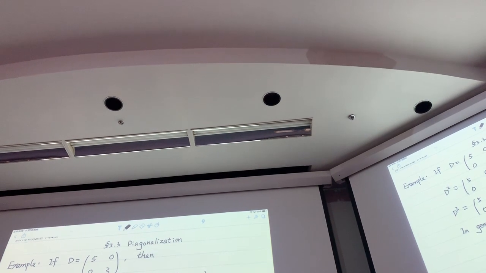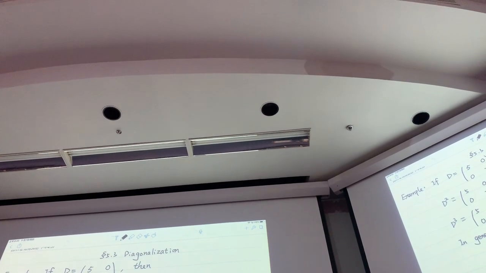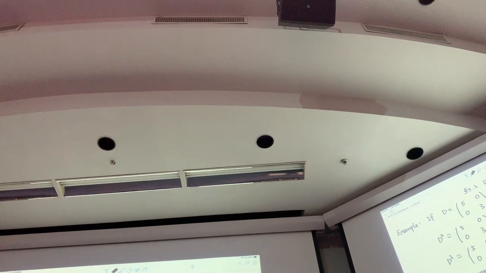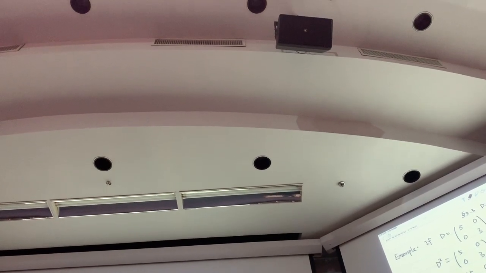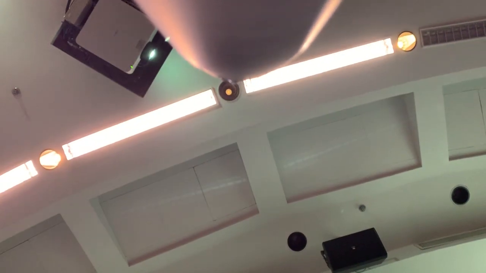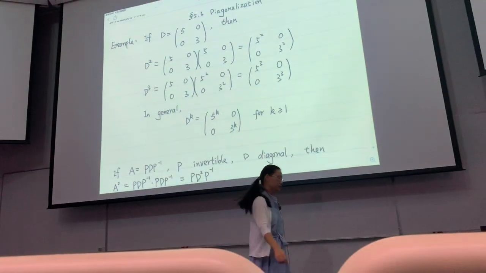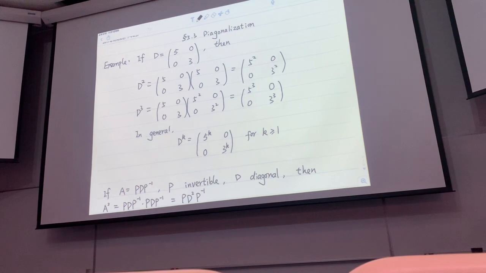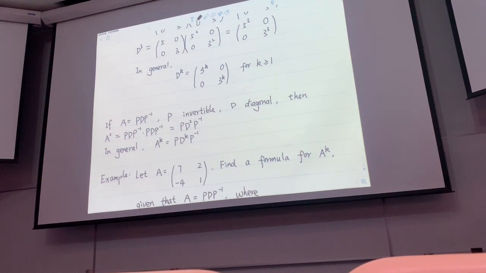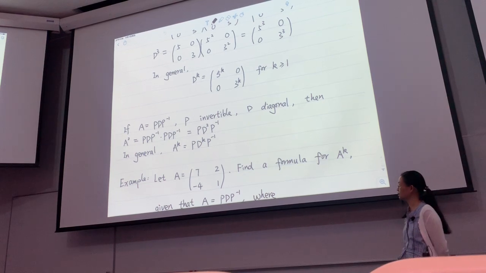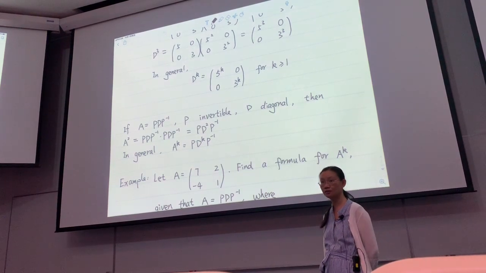A squared is P D P inverse times P D P inverse, and the P inverse times P can be cancelled out. This is equal to P D squared P inverse. And in general, A to the power k equals P D to the power k P inverse, right?